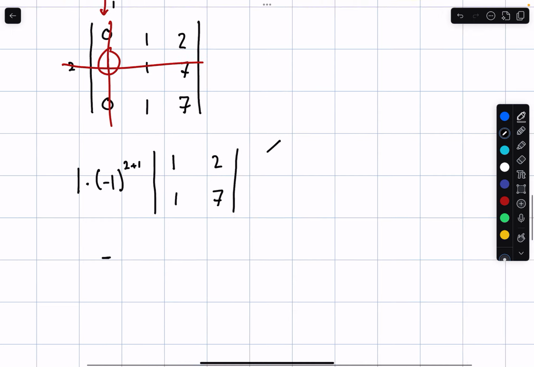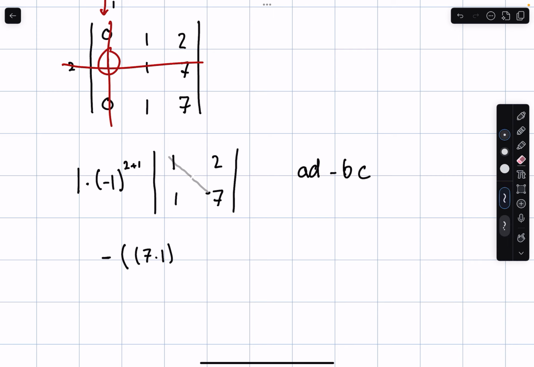And if you remember before, we know how to take the determinant of a 2 by 2 matrix. It's just AD minus BC. So we multiply this diagonal together, you're going to get 7 times 1. And then we're subtracting this diagonal, minus 2 times 1.